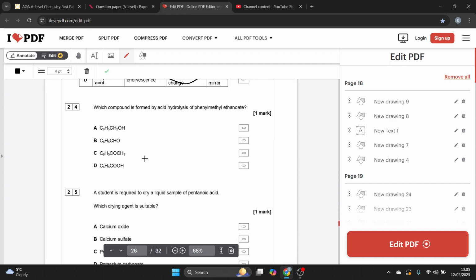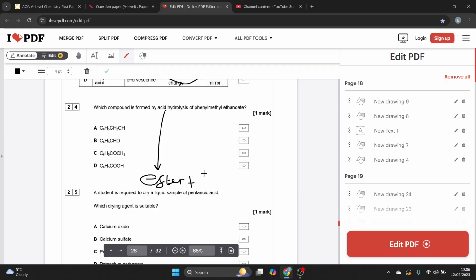Question 24. Which compound is formed by acid hydrolysis of phenyl methyl ethanoate? Acid hydrolysis. Now, what is acid hydrolysis? Let's go through it. Acid hydrolysis, ester, plus what? Let me get back to acid hydrolysis, find the textbook.